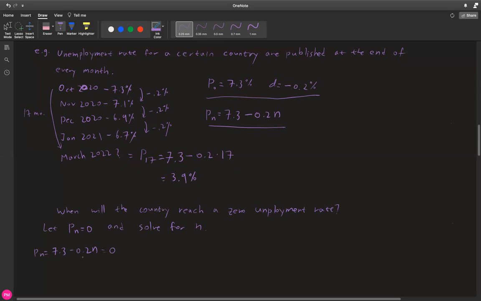So here you have now created an equation with one variable, and it is actually easy to solve by adding 0.2 n on both sides, and you're going to end up with 7.3 equals 0.2 n.